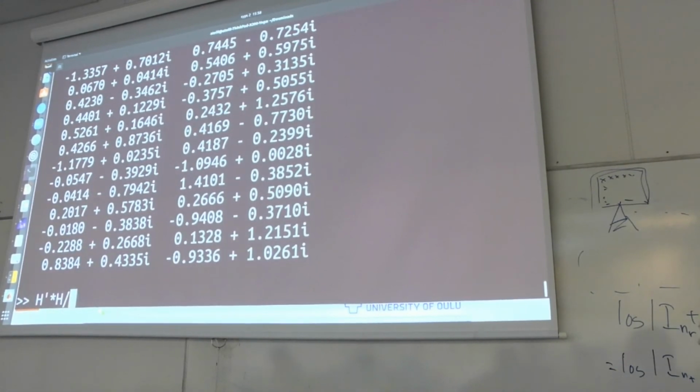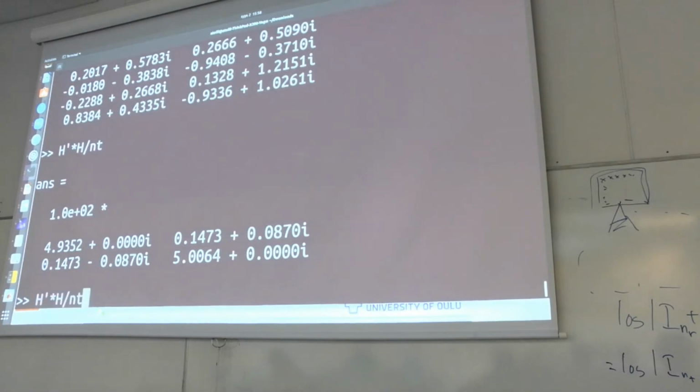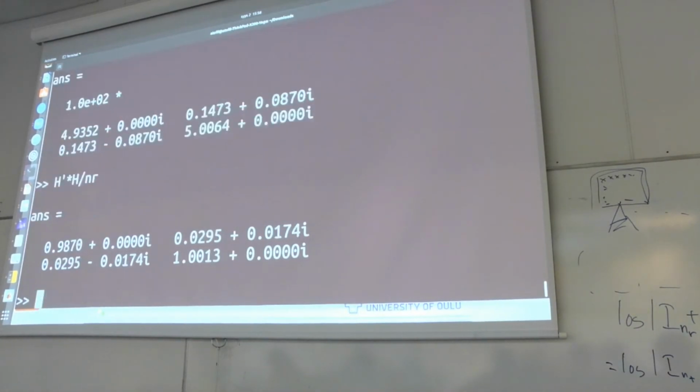Let's do something. Divided by N_R, the large N. Otherwise it will grow. It's not identical, but almost. There's a mistake here, okay, but you can see when you normalize by N_R.